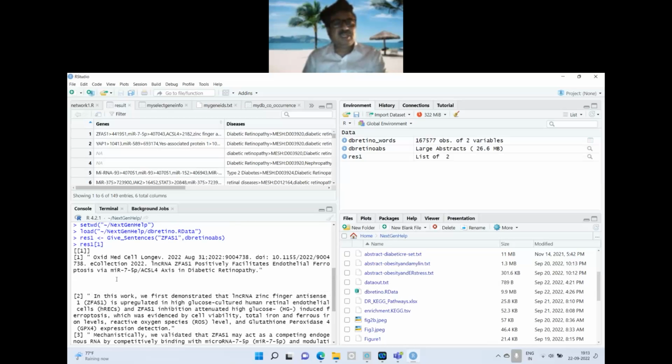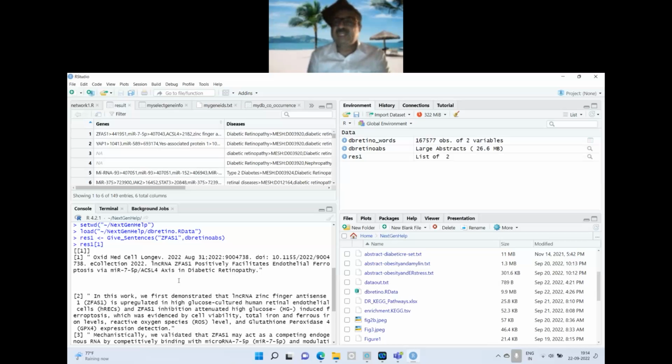So here it gives the title LNC RNA. It happens to be a long non-coding RNA. ZFAS1 positively facilitates endothelial ferroptosis via some miRNA, which happens to be MIR75P/ACSL4 axis in diabetic retinopathy.